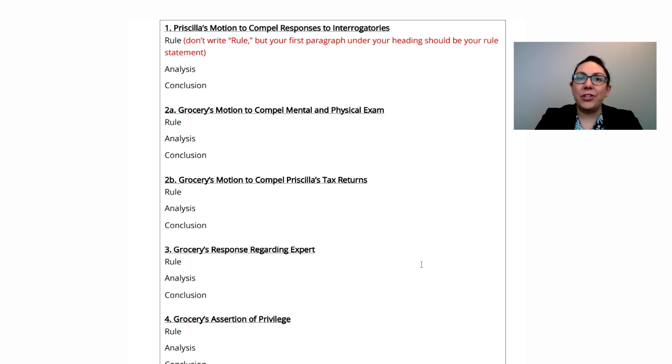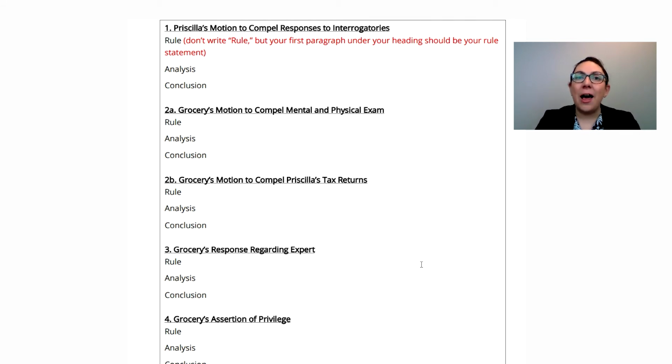The other reason to conclude at the end is because it's possible that you will change your mind. Maybe after working your way through the analysis, you decide to conclude the opposite way. So if you include a conclusion at the beginning and then change your mind, now you have to go back and rewrite your conclusion at the beginning, or what typically happens here is students forget to rewrite that conclusion.